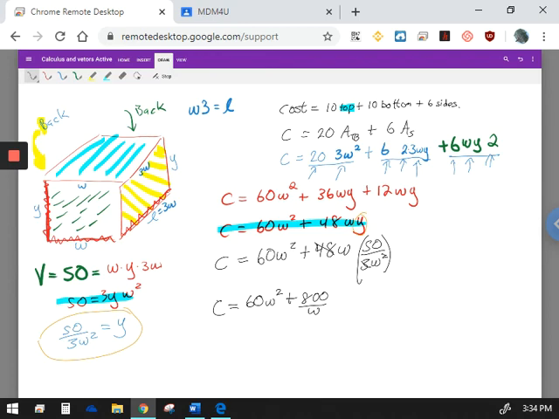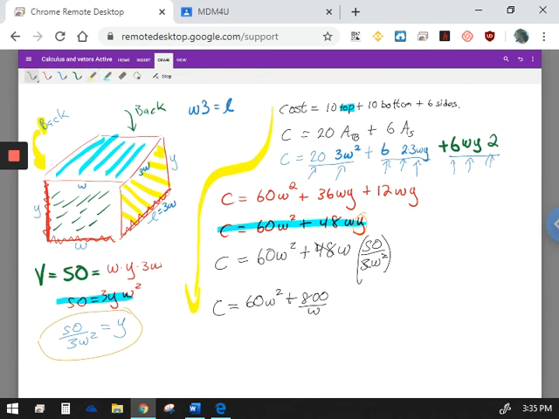Still didn't take the derivative yet. Now we're going to take the derivative. This is still the cost function. Whoa, look at the evolution of this cost function. It just kept getting changed until it looked perfect. Okay? Now it's finally perfect, and we take its derivative, set it equal to 0.